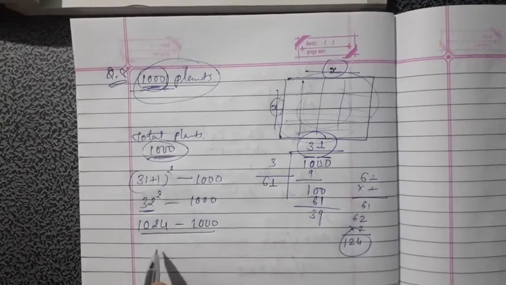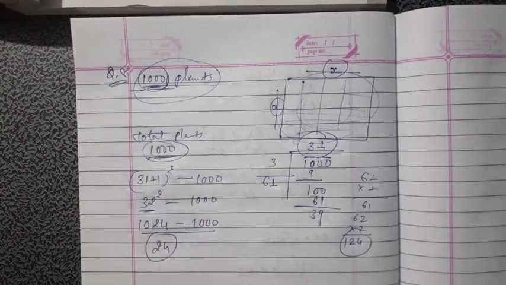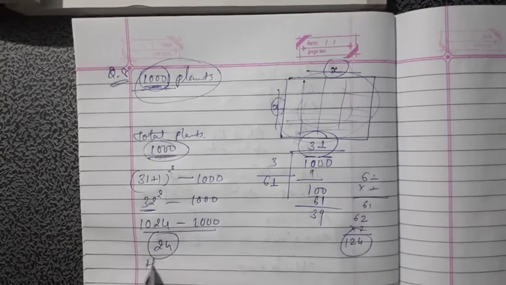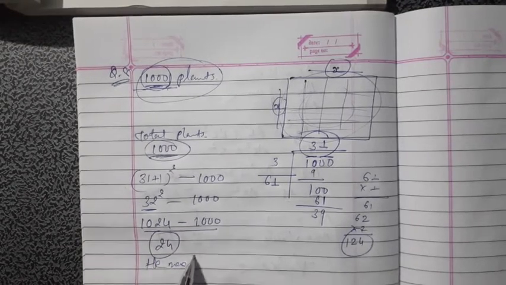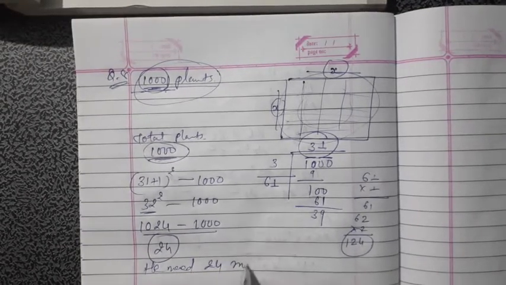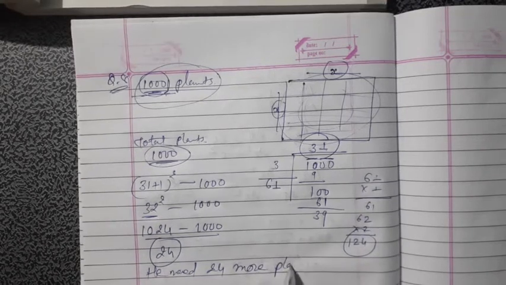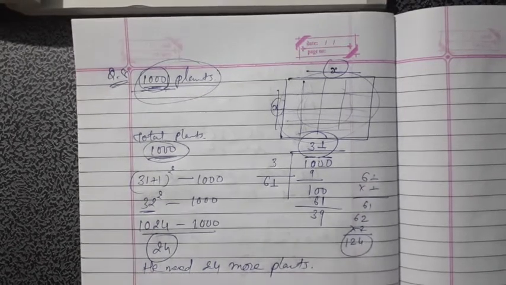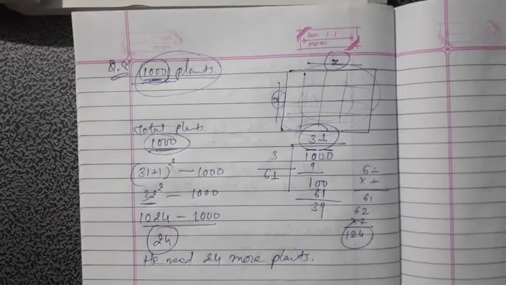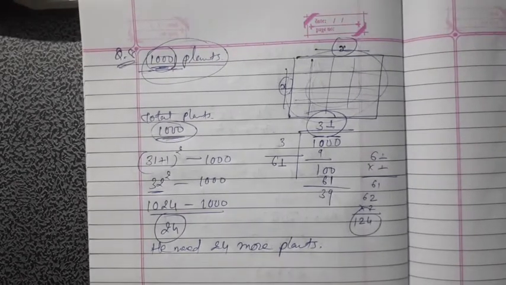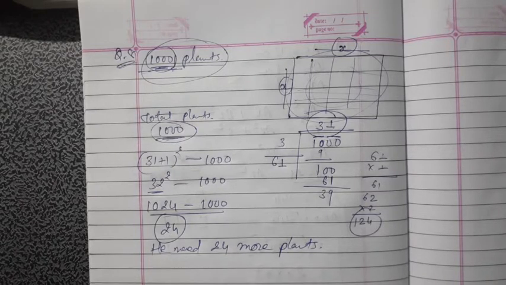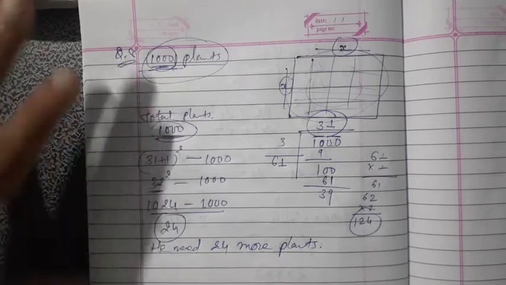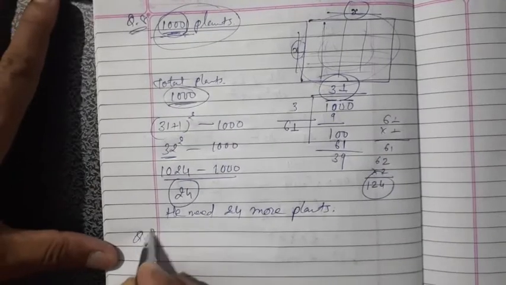The difference is 24, which means he needs 24 more plants so that the number of rows and columns remains the same.